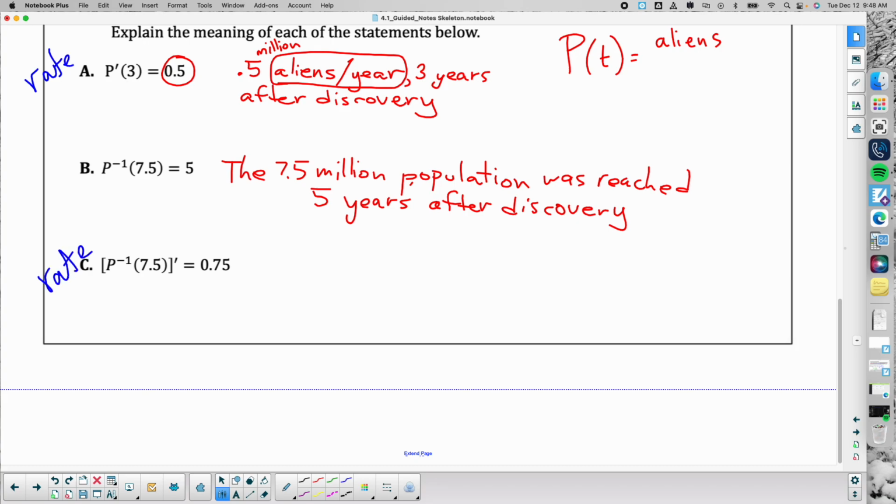Is that what you're trying to ask me? Yeah. Okay, the derivative notation instantly means rate. The original function notation is just actual data numbers, not how fast it got.